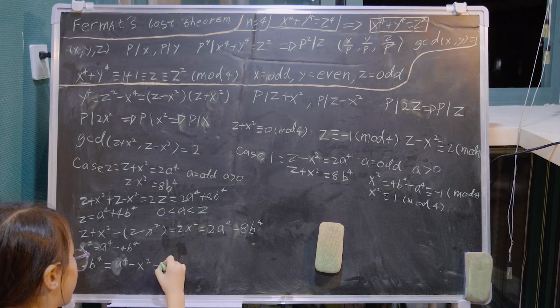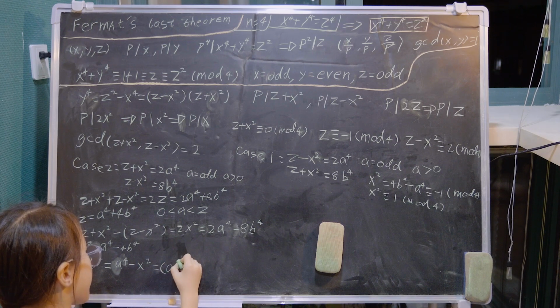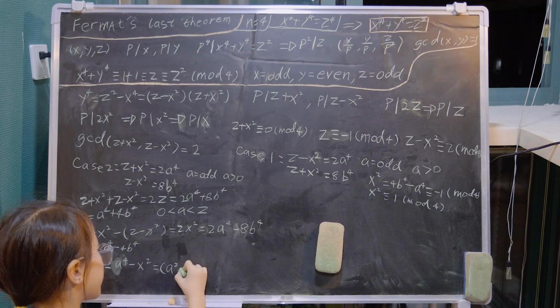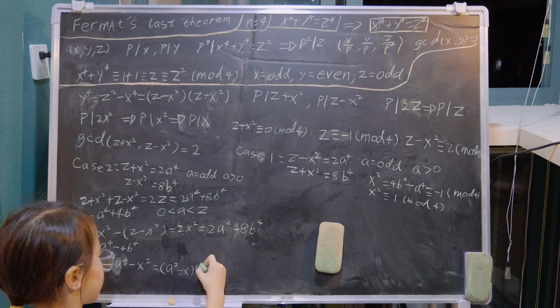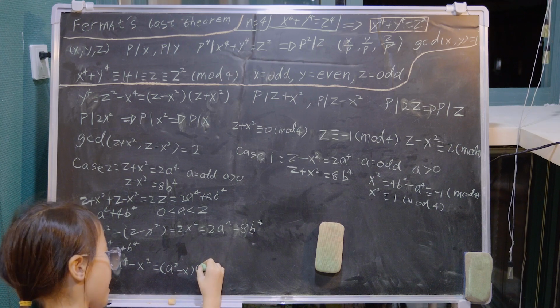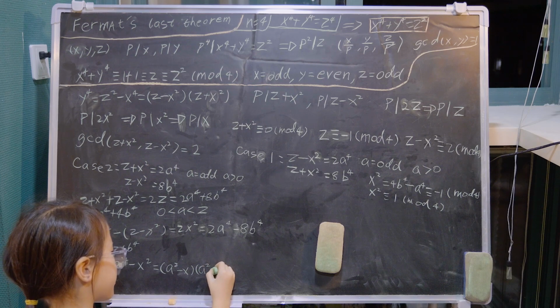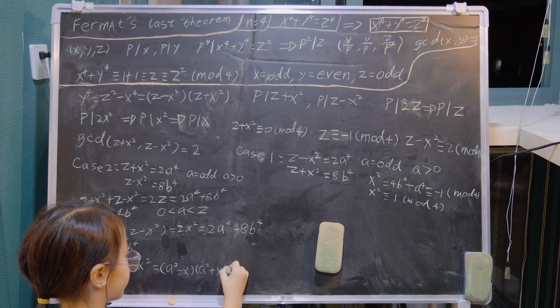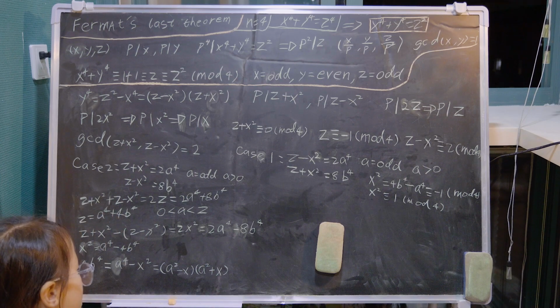So that is equal to (a to the 2 minus x) times (a to the 2 plus x).